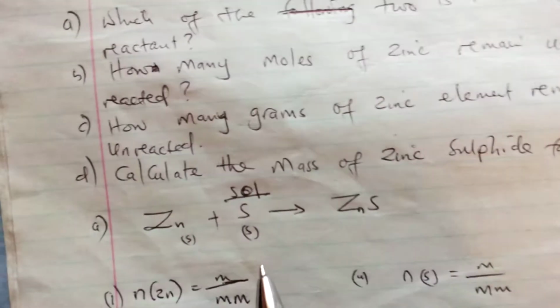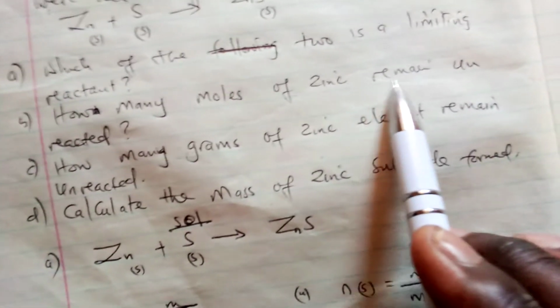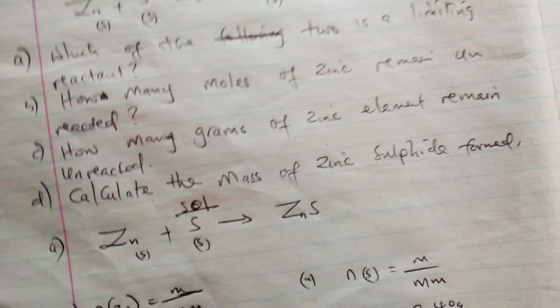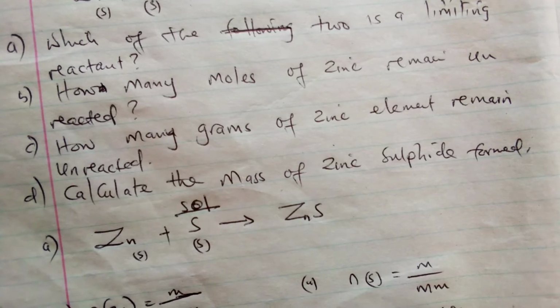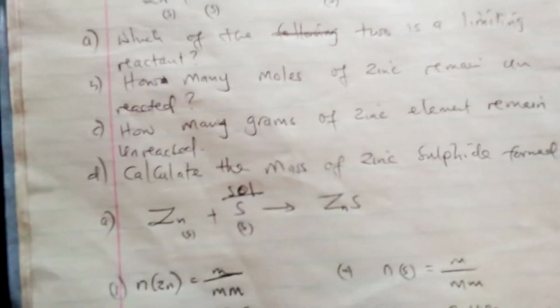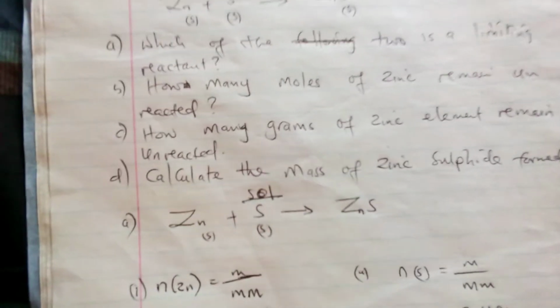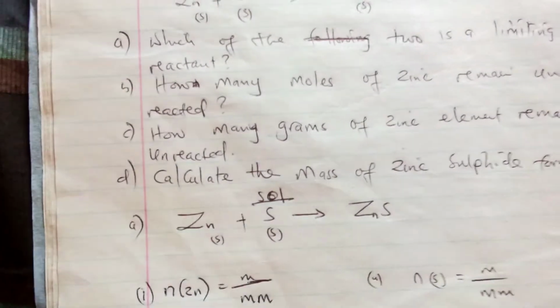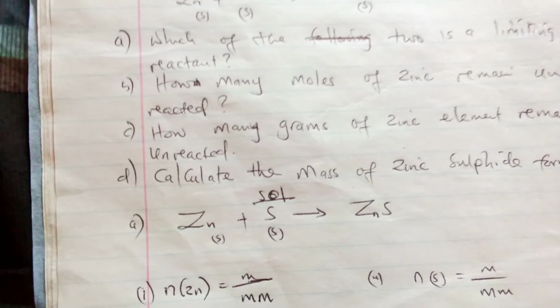The second question is how many moles of zinc remain unreacted? How much zinc never participated in the chemical reaction? What you should know is that the amount of reactant for the two should be the same for a reaction to come to completion. If the number of moles are not the same, then the amount of product will be affected.